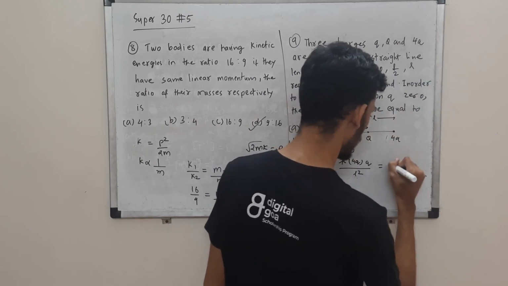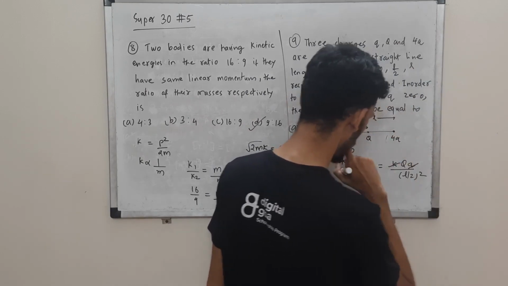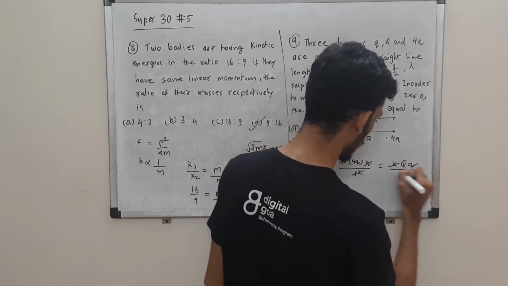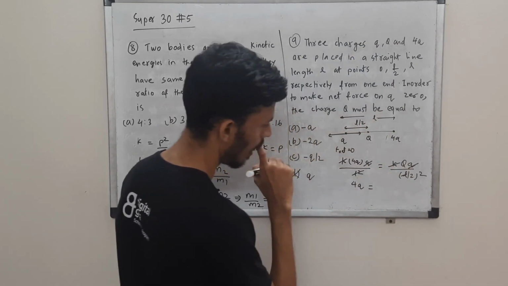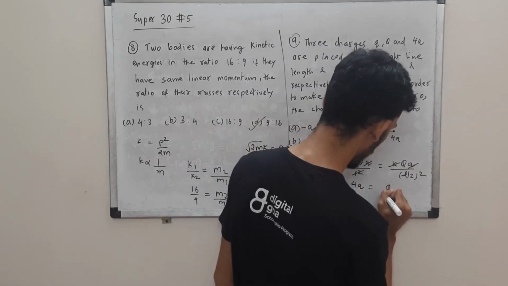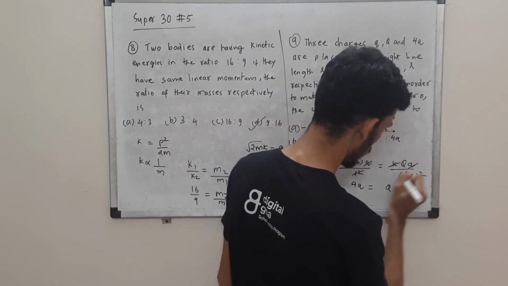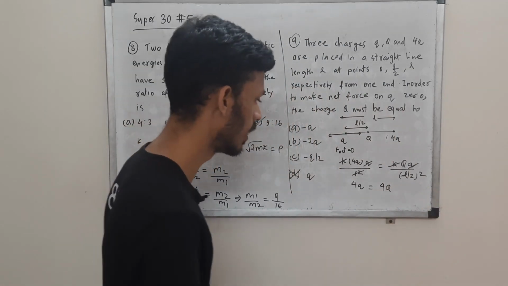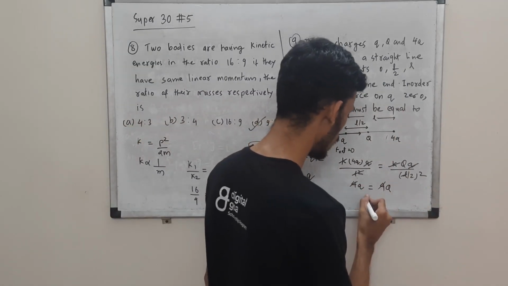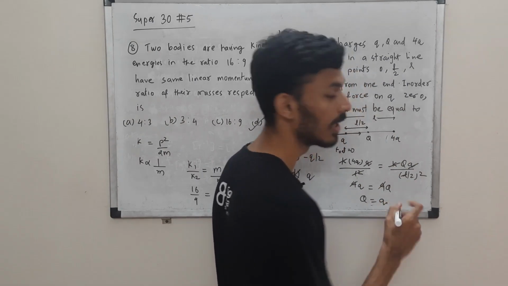So k will cancel, one q will cancel, L square will also cancel. Here we have 4q, and here we have Q by 4 in the denominator, which goes to the numerator. So basically your Q will be equal to q in magnitude.